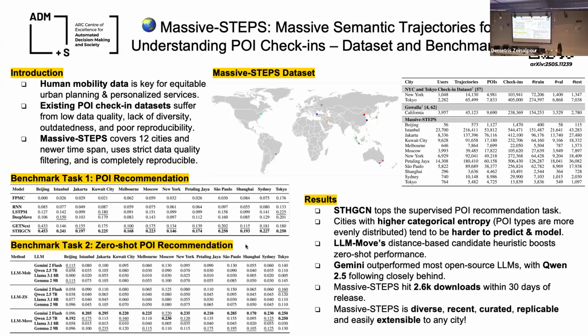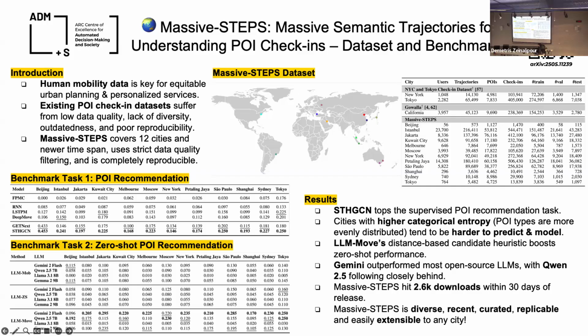So we have cities from Istanbul, Kuwait, Sao Paulo, and places like Jakarta. Within a month of release, we have 2,600 downloads already. So feel free to take a look. Including the benchmark that was released.